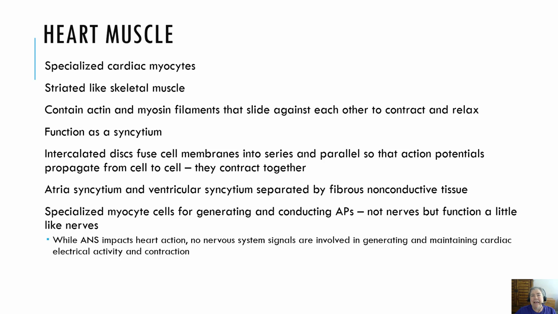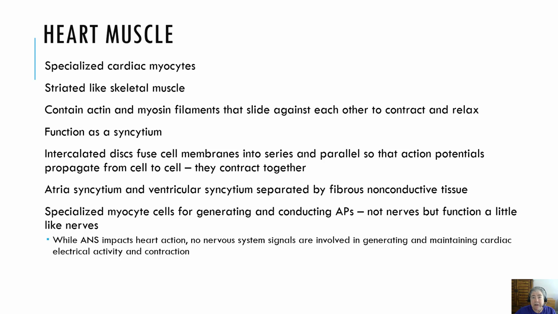There is a non-conductive kind of fibrous layer of tissue between the atria and the ventricles to keep them from all contracting together. For maximal function of the pump, the atrium has to contract first.